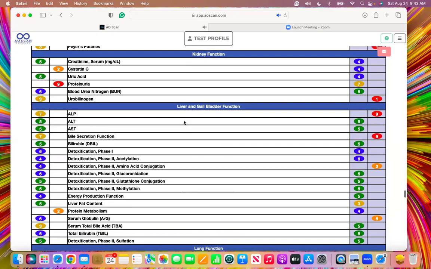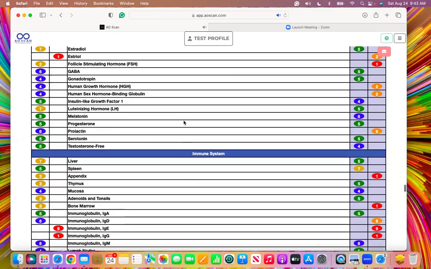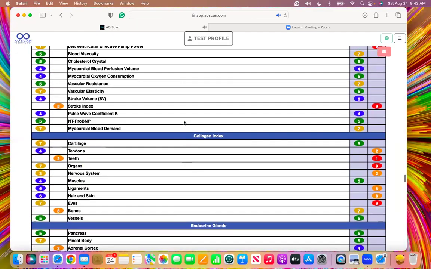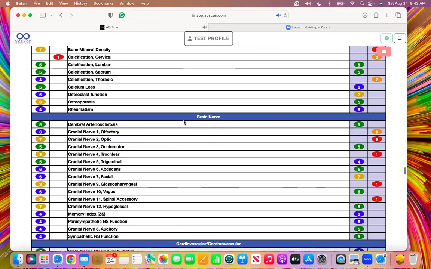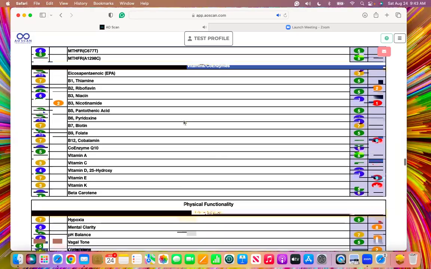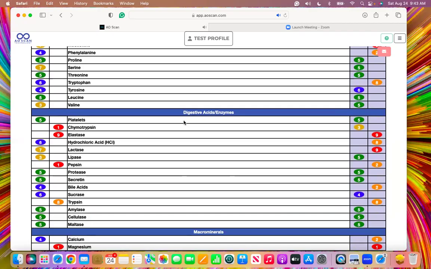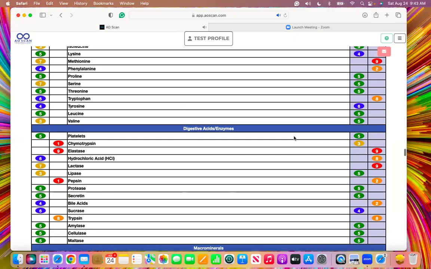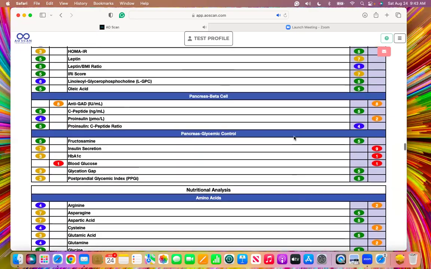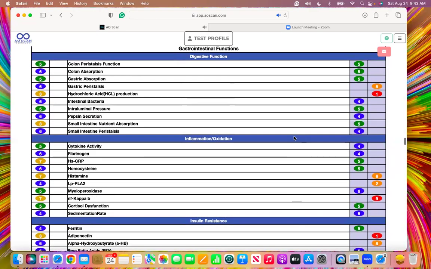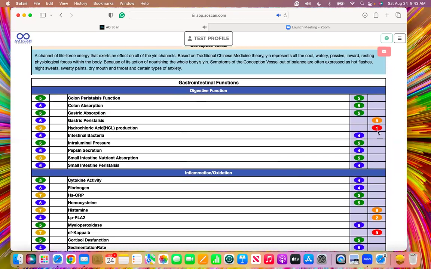If you come back up into digestion, you want to see how many markers are showing up in the gut and digestive. Even here, digestive acids and enzymes, I know this person probably has some gut issues going on. And when we come up to digestive function, we definitely know that enzymes and stomach acid are going to be part of that equation.